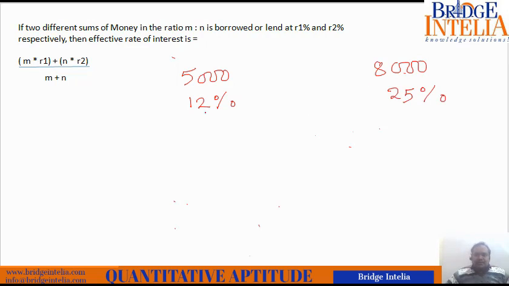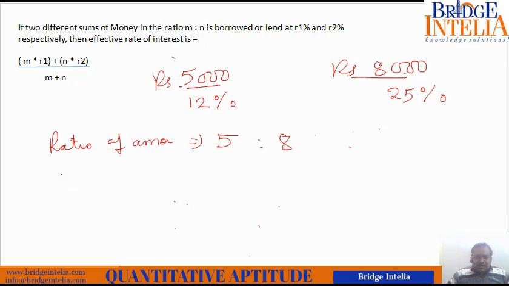So what is the effective rate of interest? So simply take the ratio of these numbers, 5000 and 8000. The actual amount is not important, their ratio is important. So the ratio of amount, 5 is to 8.